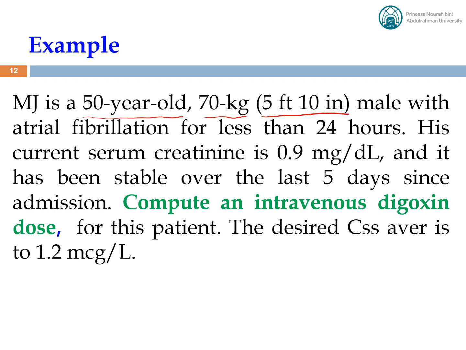His height is 5 feet 10 inches. He is a male with atrial fibrillation for less than 24 hours. So there is a need for digoxin administration. It's a cardiovascular problem.